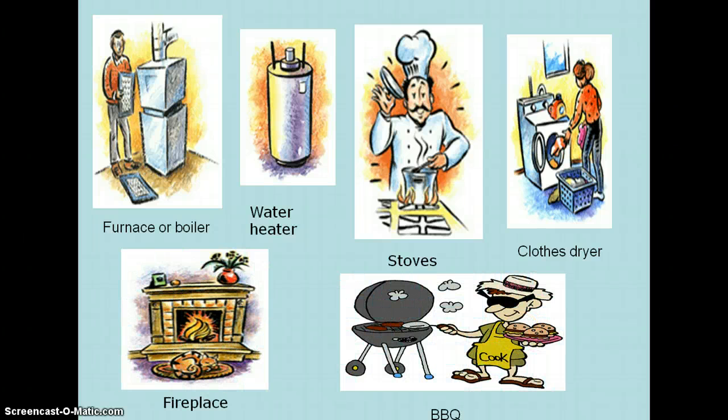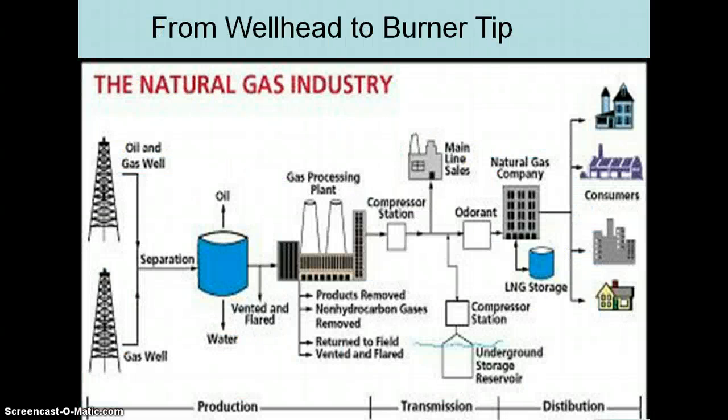So basically, all your appliances in your home can be run through natural gas, and it's significantly cheaper than electrical. Does anybody have natural gas stoves in their home? No. And your barbecue can be run with natural gas. So that's just showing you natural gas from mining to your home. At your dad's house?